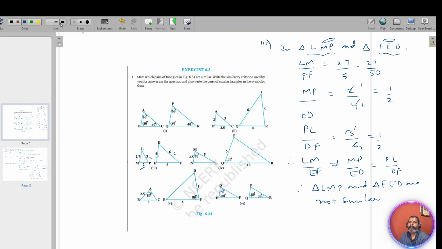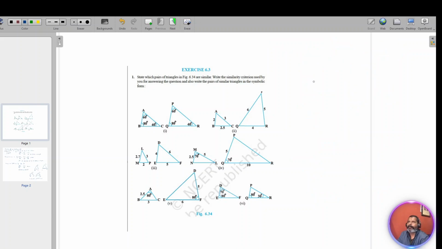They are not similar triangles because the ratios are not equal. If you want to check the angles, angles are not given. So with the given values, we are checking whether they are similar or not. We'll move to the next question, the fourth one.